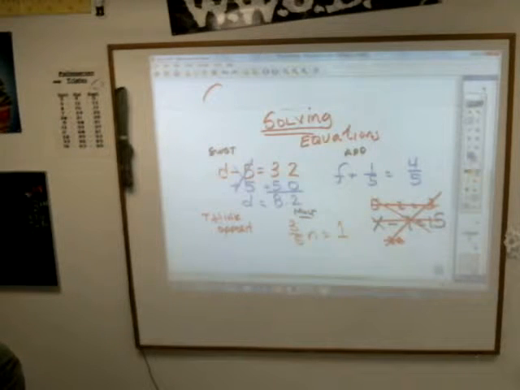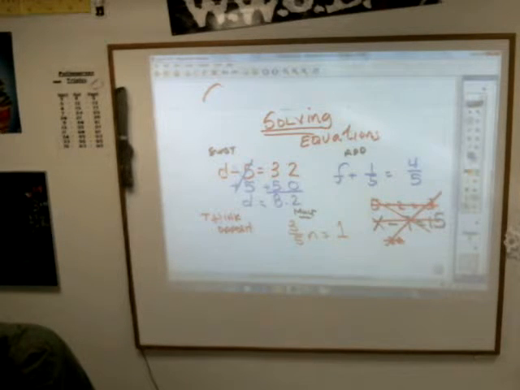Think about an equation as like a scale or a balance. The equal sign is the part right between it.